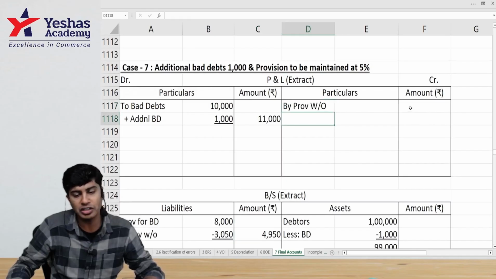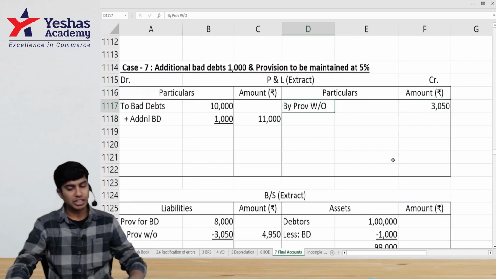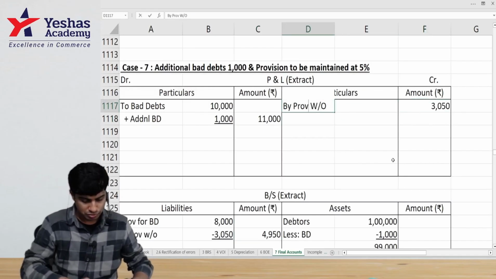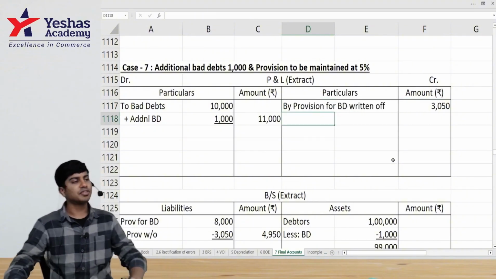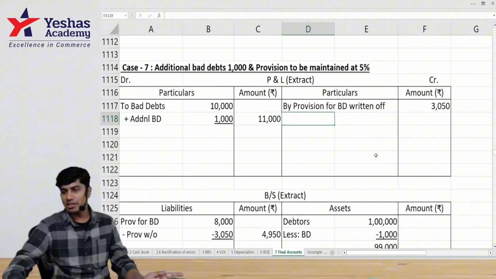I'll write it in my profit and loss account credit side, provision for bad debts written off 3,050. By this, we are done with everything.